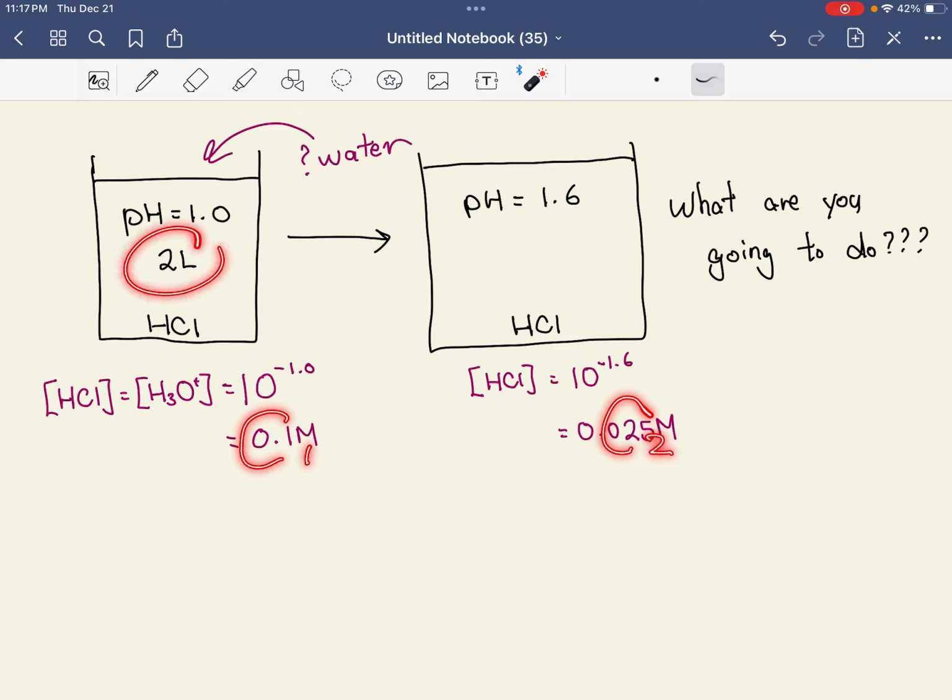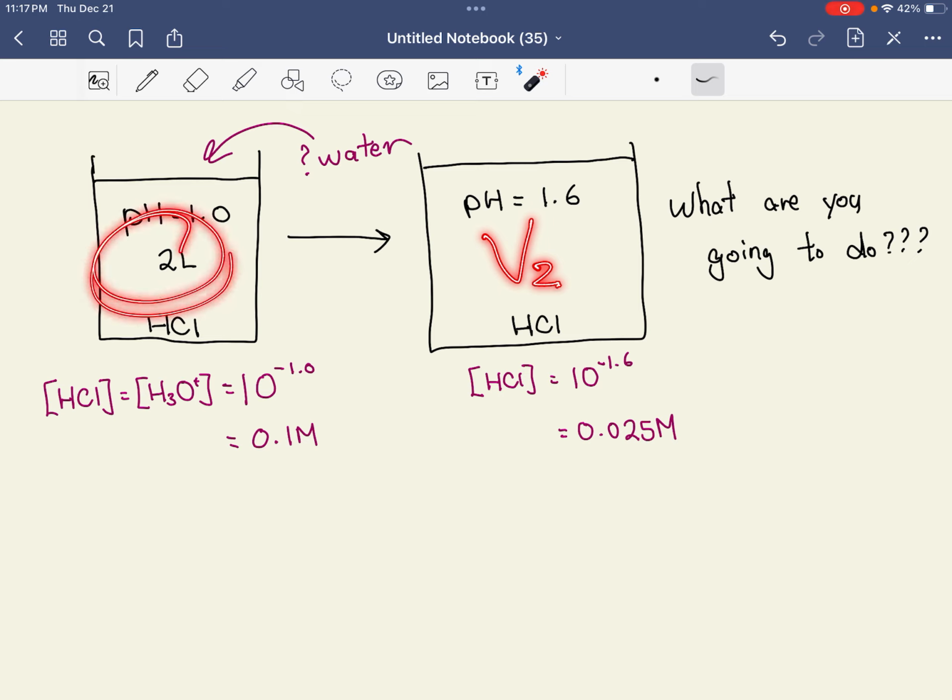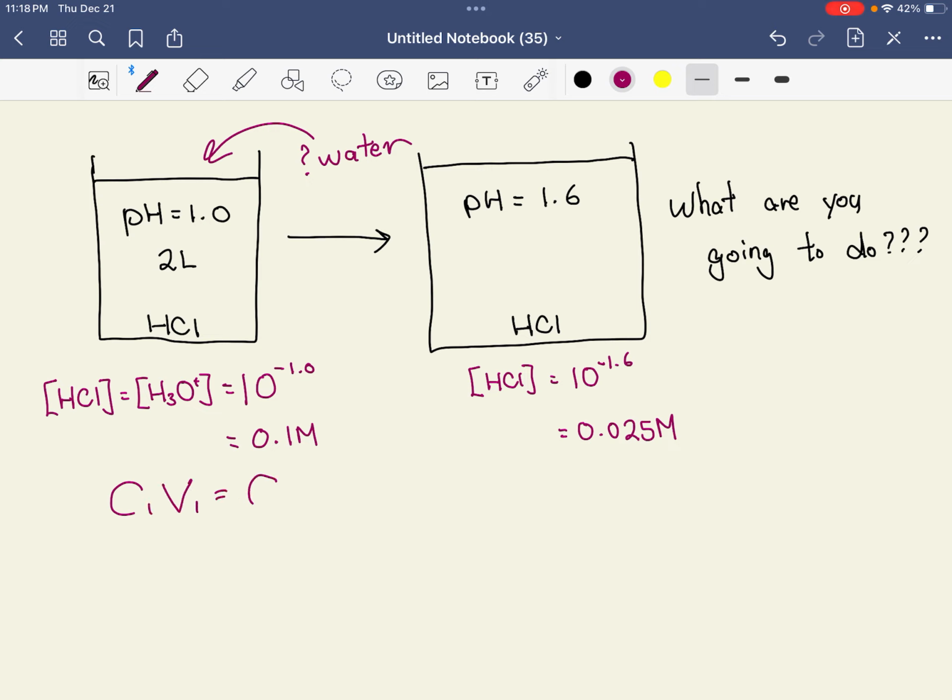Now, I do have V1. Guess what? I can easily find V2. Because by finding V2 and comparing it to V1, I know exactly how much water I put in. This is so sick. So, let's do my dilution equation.